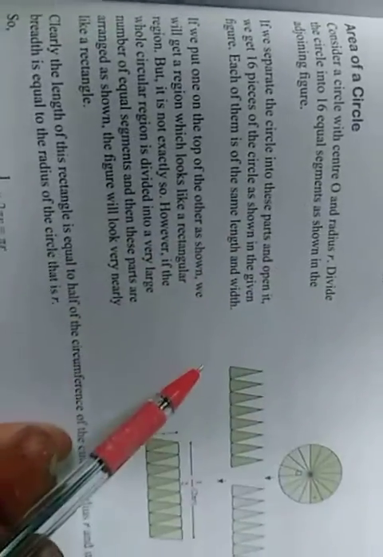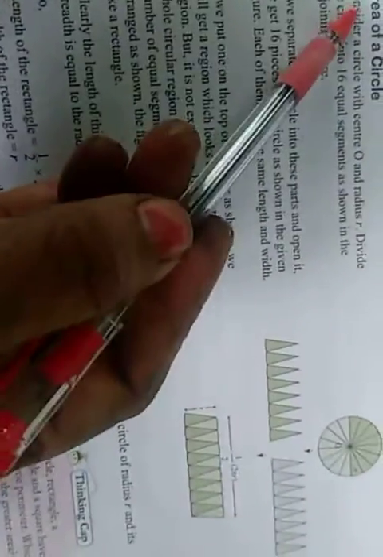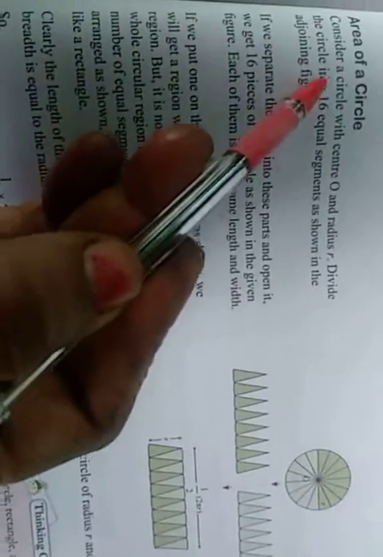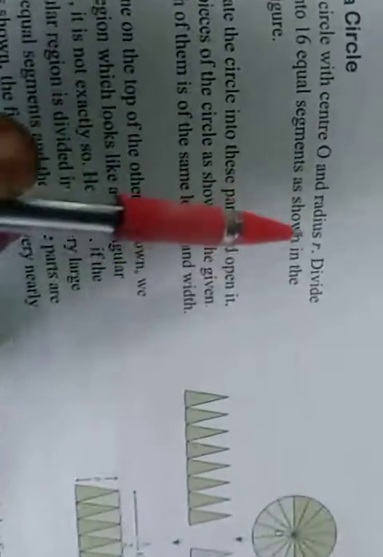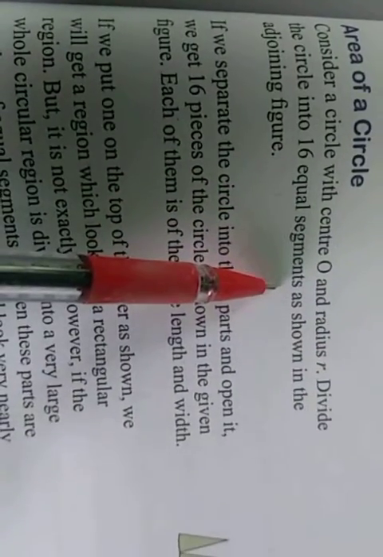Then comes the area of a circle. Okay, area of a circle. We will derive this formula through one activity. Consider a circle with center O and radius R. Divide the circle into 16 equal segments like this.